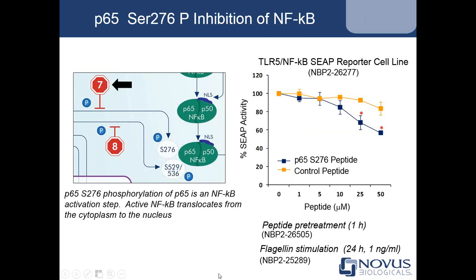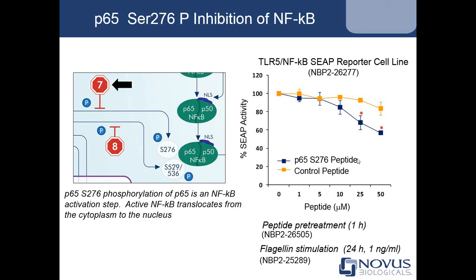So suffice it to say, in this model system of TLR5, we can see that when we add the serine 276 inhibitory peptide, activated by Flagellin, we have an inhibitory response which is about 25 to 40% with this serine 276 peptide.